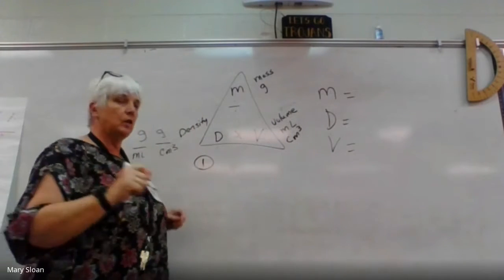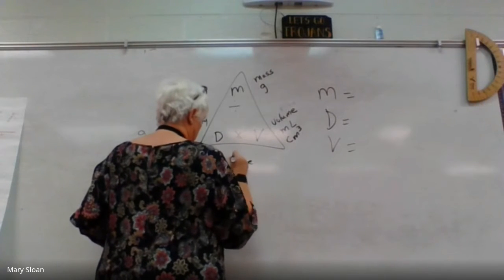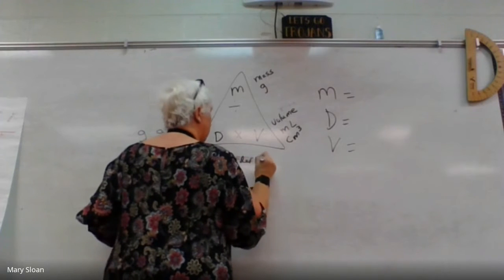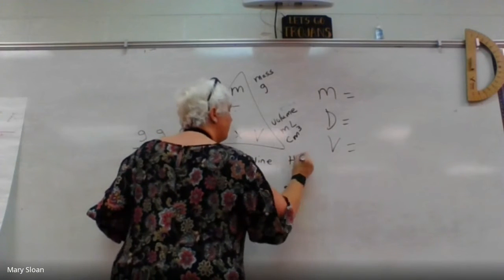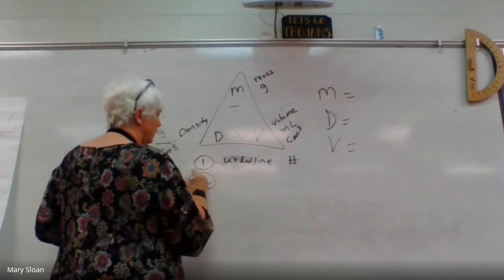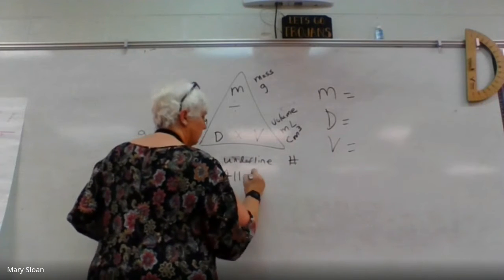Now, in this test, the first thing you're going to do is underline. U-N-D-E-R-L-I-N-E. Underline any numbers that you see. Okay? The second thing you're going to do is write down all three variables.